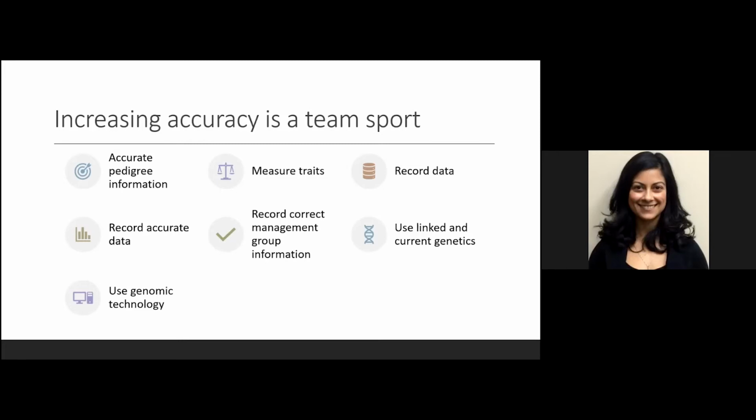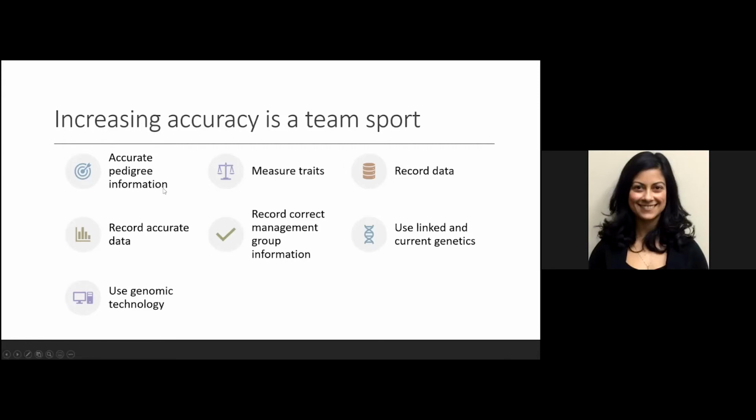We at Canadian Angus probably have the most stringent requirements for parent verification. We use a lot of DNA technology for parent verification. So if you can imagine, if pedigrees are 8% wrong, that's the rule of thumb in livestock, that 8% of the pedigrees are wrong.